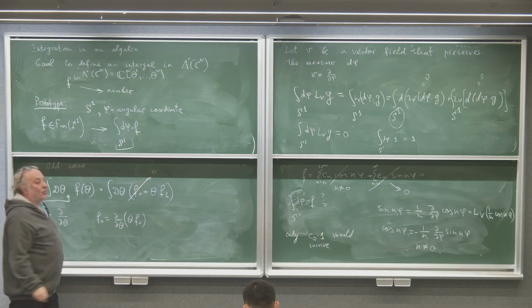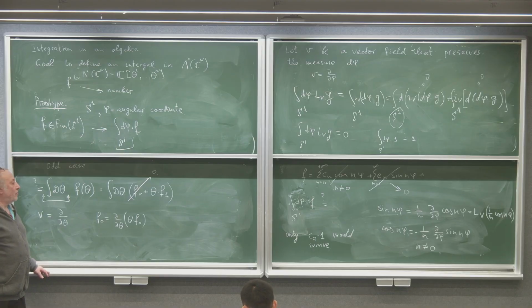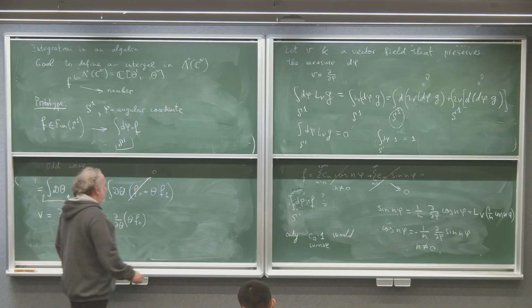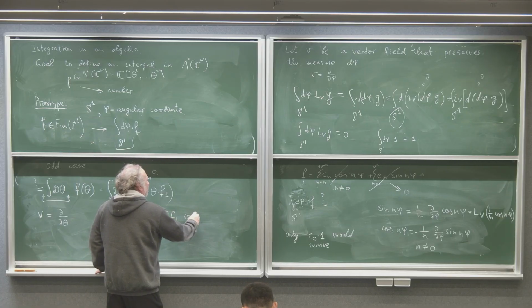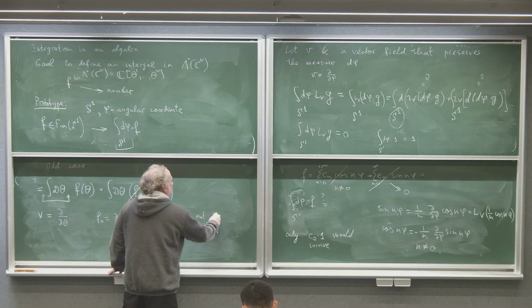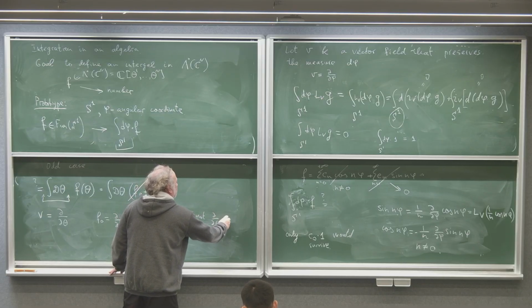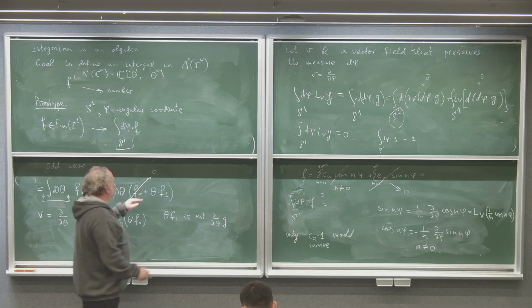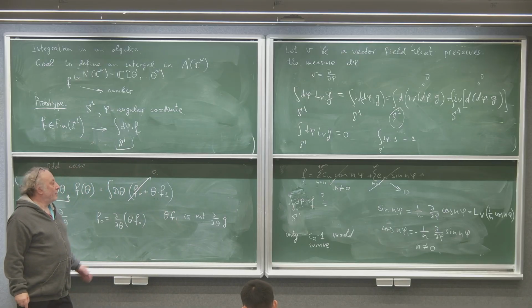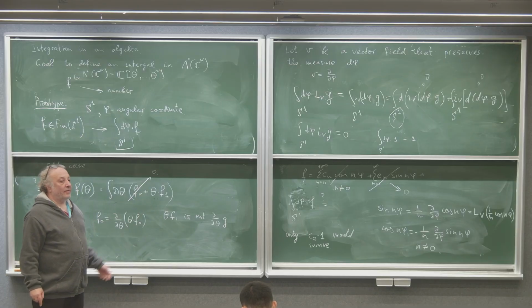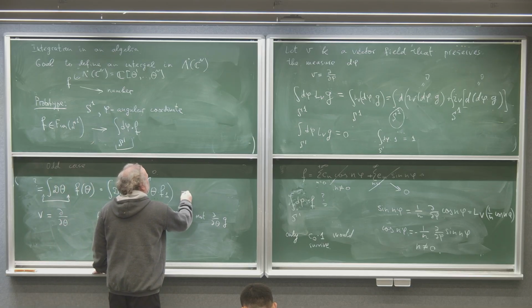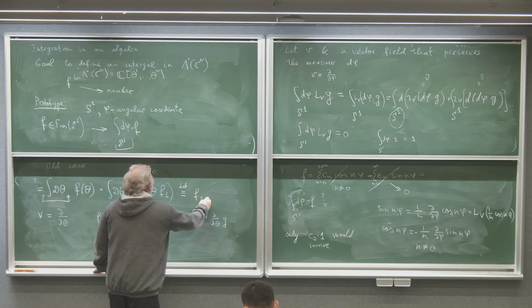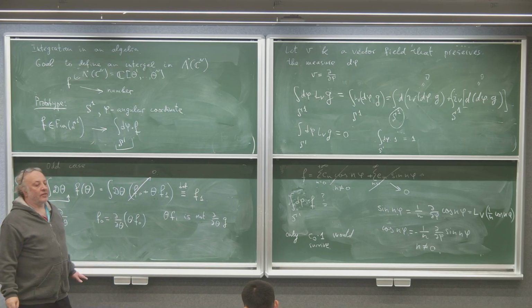That's why this term would be integrated to 0. So we need to fix this integral on this f. And we define it to be f1. And this is the Berezin integral.